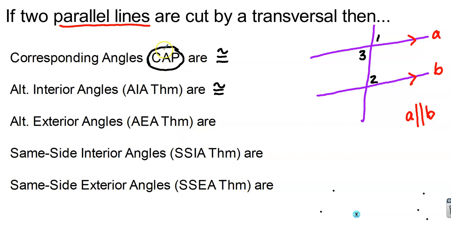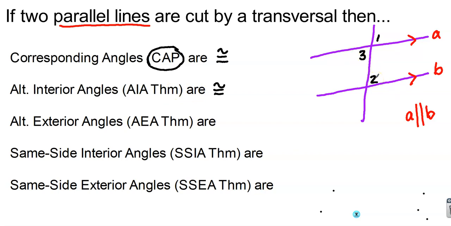The first one's a postulate, so corresponding angles postulate is CAP. For these guys, we say AIA, alternate interior angle theorem. All the rest of them are theorems except corresponding angles. So we know that the alternate interior angles are congruent by the theorem. So if this was 100, 2 would be 100 degrees.